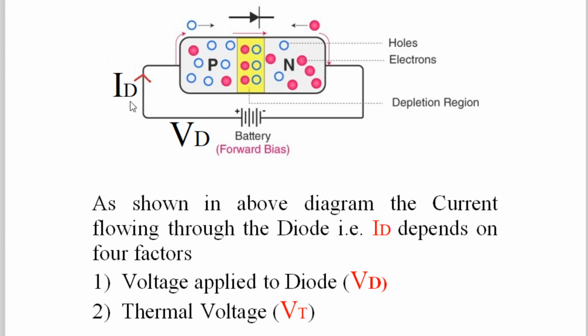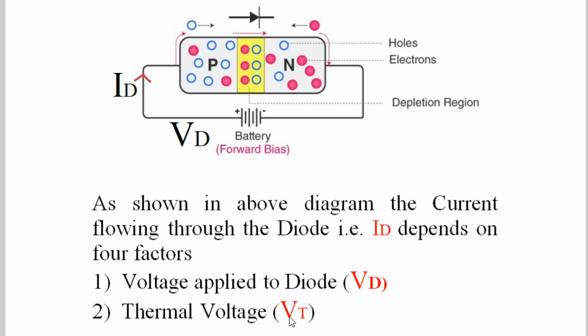To calculate the current flowing through the diode ID, we need the thermal voltage VT, which, as I explained, is the internal part. This thermal voltage depends on three factors. Factor number one, the electronic charge on the electron, Q. Factor number two, the Boltzmann constant K. And factor number three, the temperature surrounding the diode.